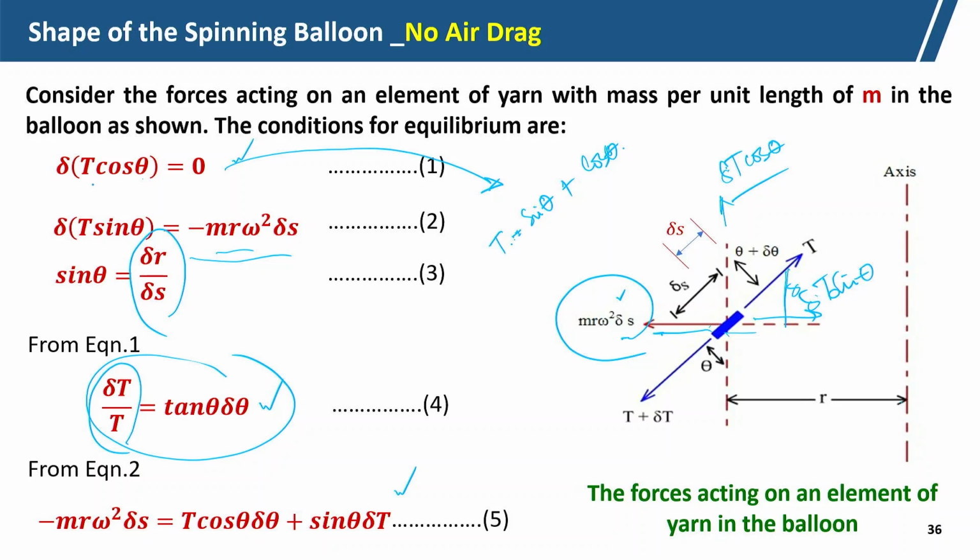Now equal to 0, that means cos theta delta T equal to T sin theta delta theta. What we can get, delta T by T will be sin theta by cos theta. So, that we can directly calculate from this.